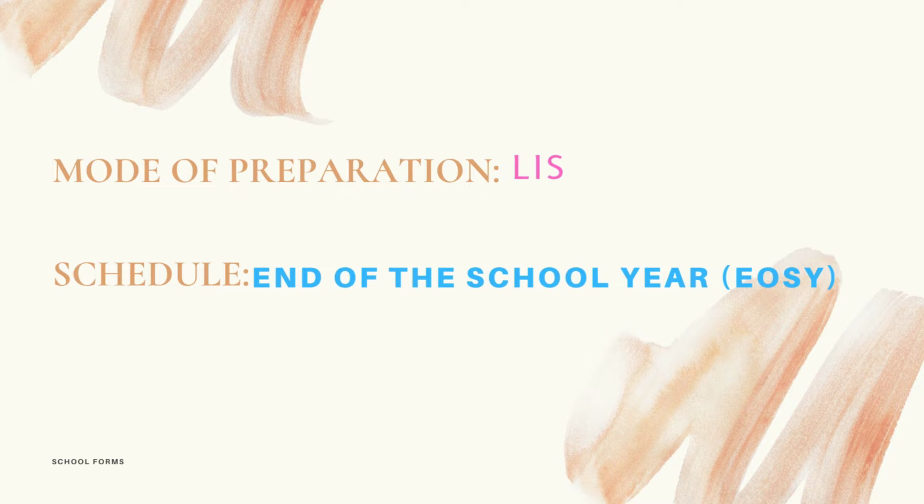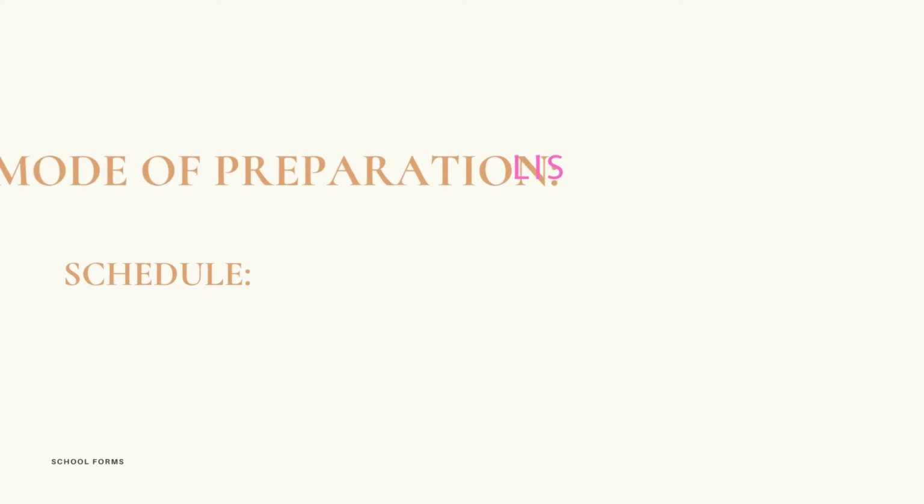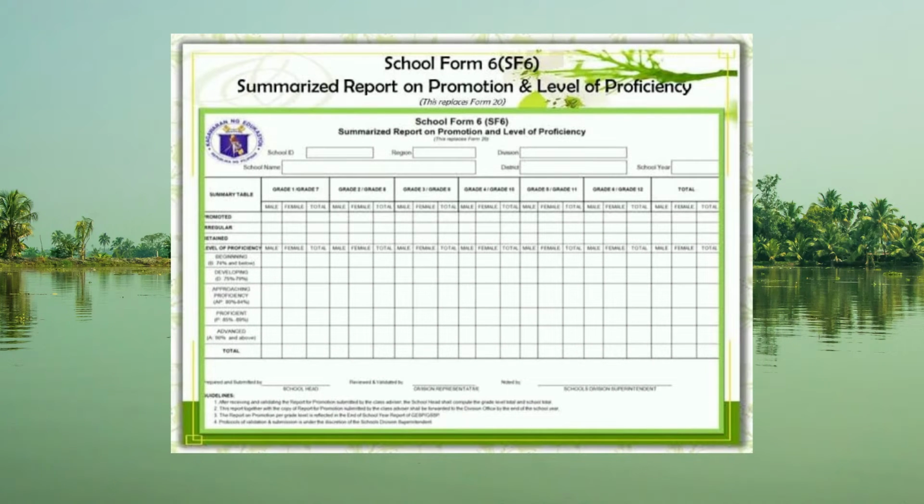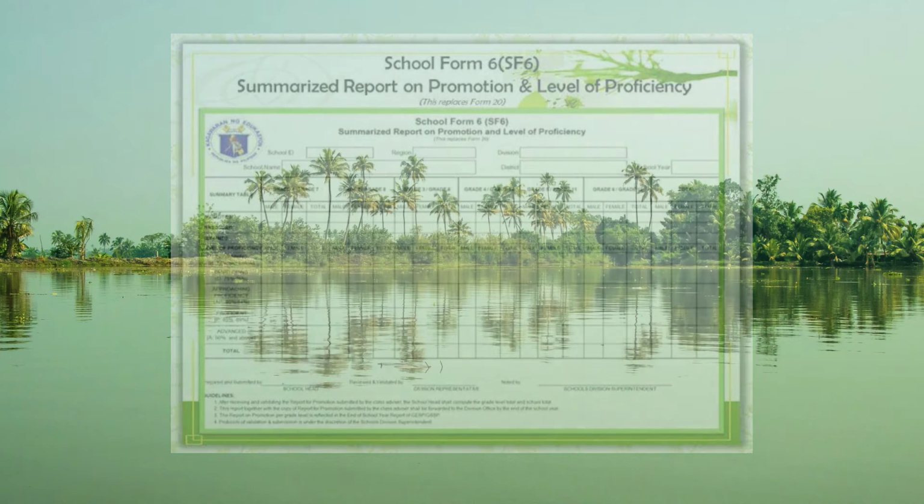End of school year, or EOSY, is the schedule of downloading. Sample template of School Form 6 or SF6, wherein you can see the number of promoted and retained students per grade level.